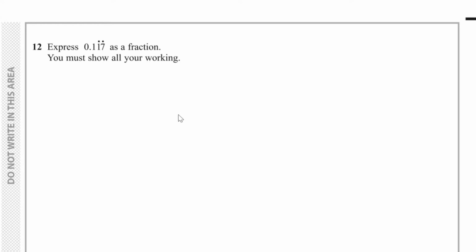Question number 12, we have to express 0.117 recurring as a fraction. You must show all your working.